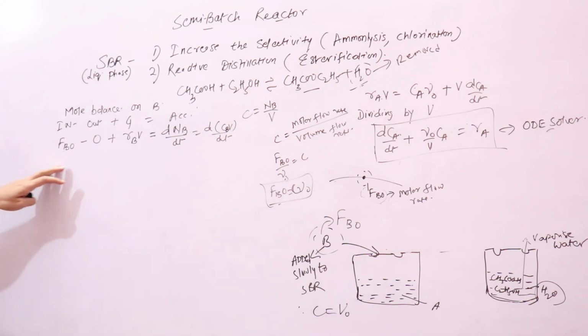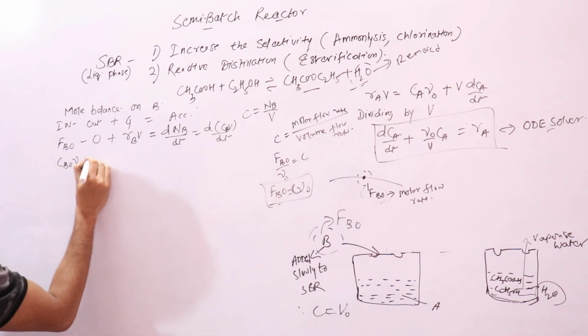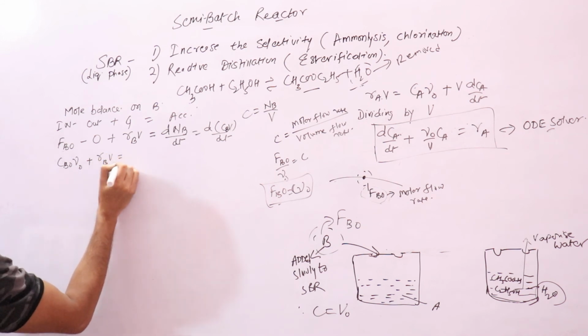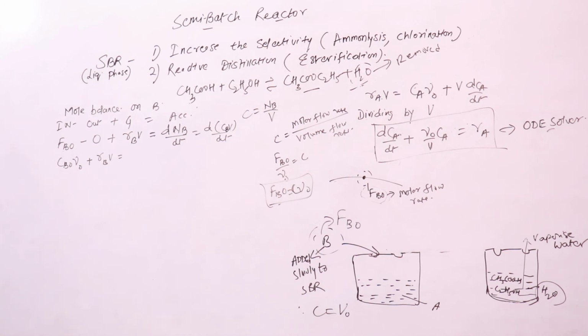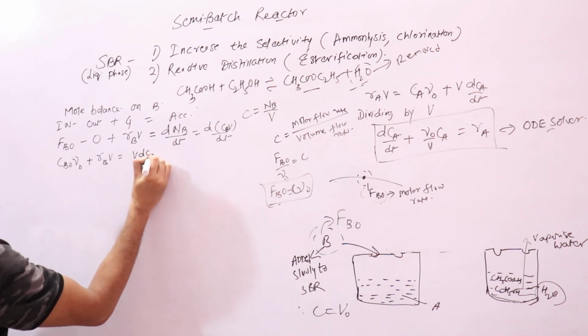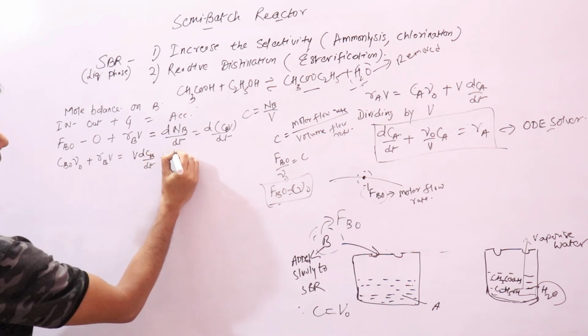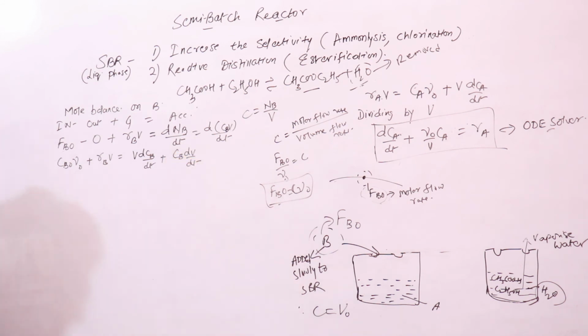You will substitute the value here: CB0 nu 0 plus rB V equals V dCB/dt plus CB dV/dt. This is the equation.